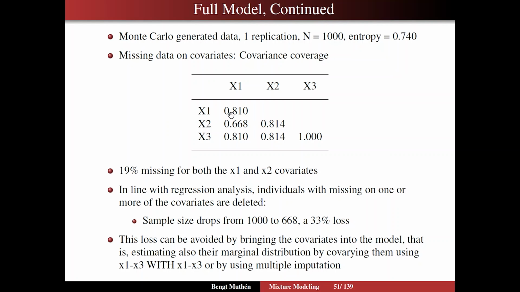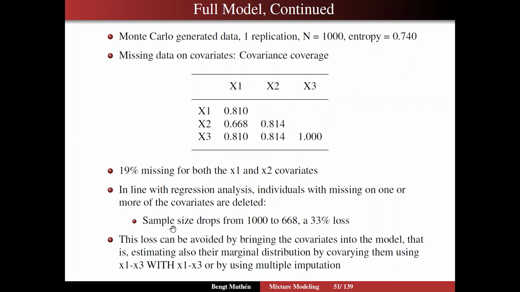So for instance, for X1, 81% of the sample is observed, which means that 19% is missing, and that's the same thing for X1 and X2. Now, in line with the regression analysis, individuals with missing on one or more of the covariates are deleted in the analysis with covariates when you don't take into account the missing data.